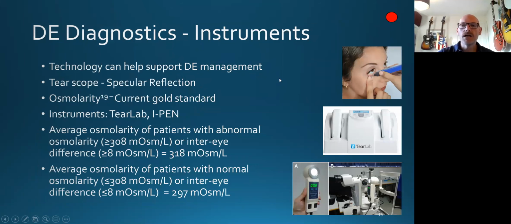So, osmolarity, we touched upon this. We do have some members of the audience that are using osmolarity on a regular basis. The Tearscope is something which is less commonly seen these days, but some of them may still be out there. However, TearLab and also the iPen, which is a really neat little remote solution for taking tonicity, osmolarity rather, are great ways to establish osmolarity as a gold standard and can be introduced into practice.